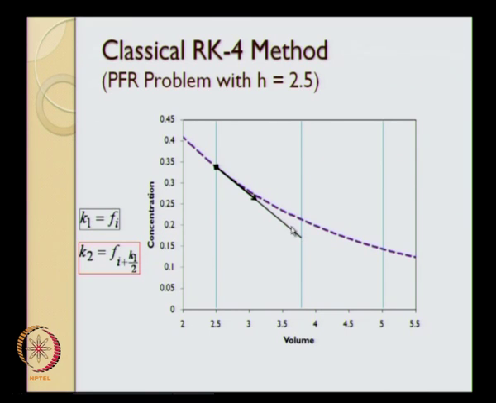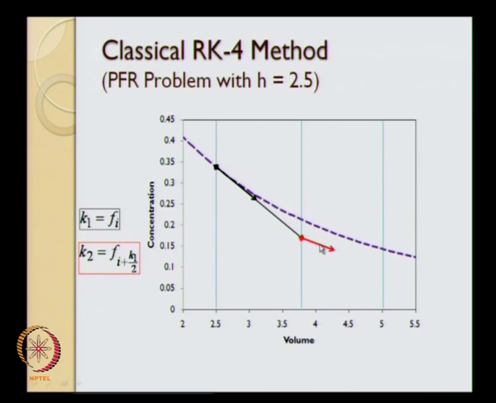So K2 is going to be computed at this point. These are actual slopes that are obtained from Excel. This is not a cartoon, these are indeed actual slopes that I have obtained from Excel, and I have animated the slope. So this particular red line that you see over here is the slope K2.